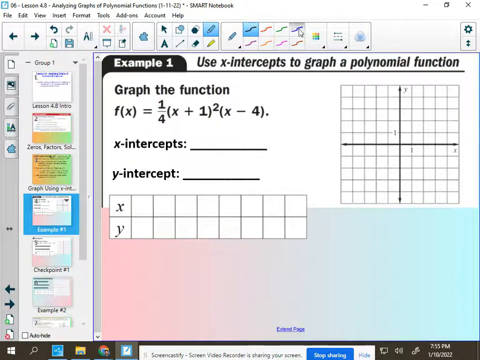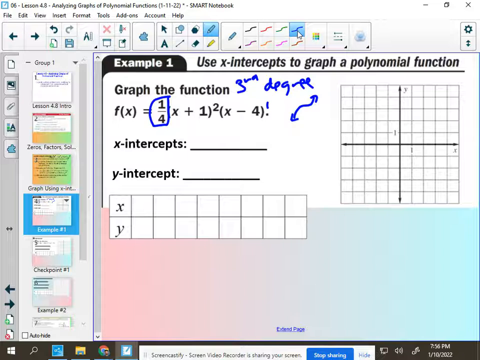So this is third, which is odd, basically. It's third degree. Let's just write that. Third degree, which is odd. And my leading coefficient is positive, so my shape should take on that shape, left to right.